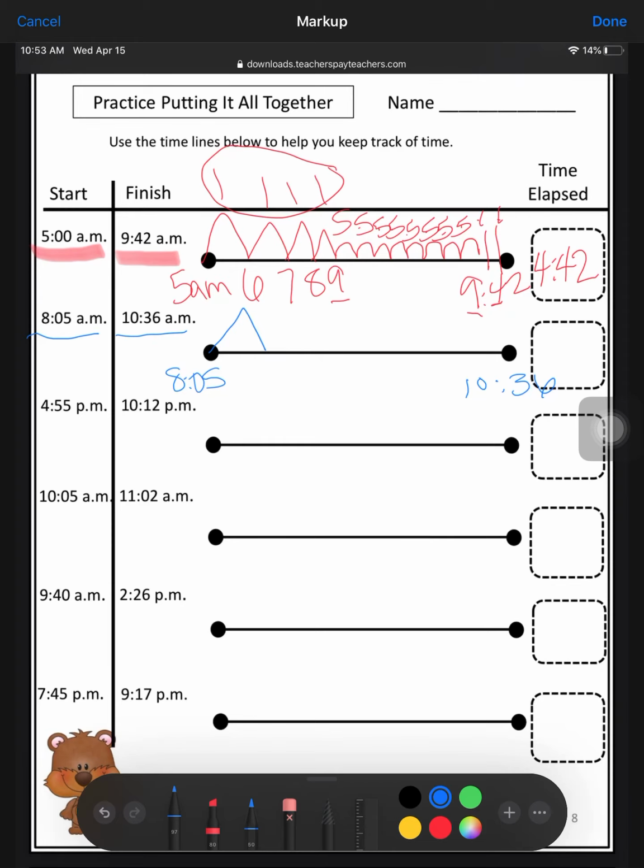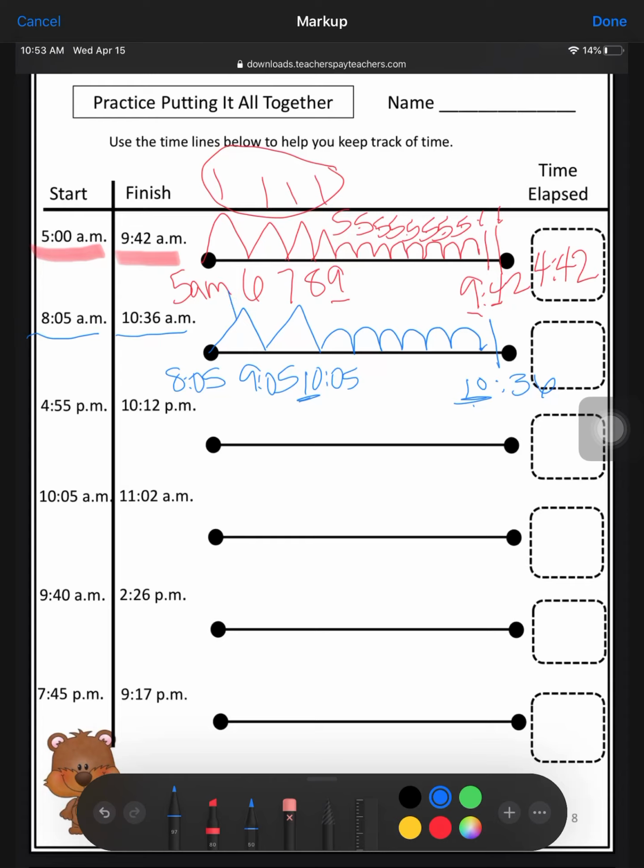So 8:05 to 9:05 is an hour. 9:05 to 10:05 is another hour. Okay, now I'm in the 10 o'clock hour, so I can't count by hours anymore. Now I'm going to have to count by fives. 10:05, 10:10, 10:15, 10:20, 10:25, 10:30, 10:35. Oh, I'm almost to 10:36, 10:35, 10:36.